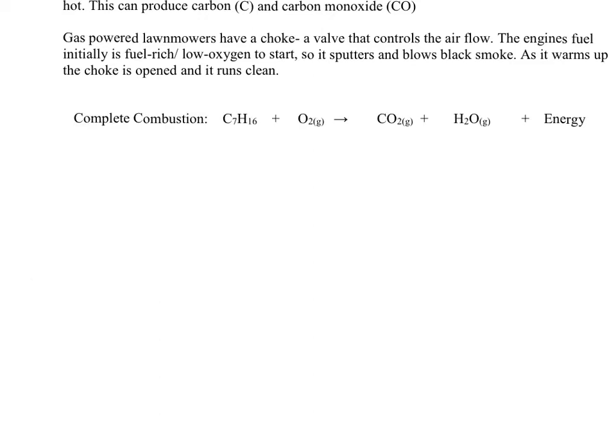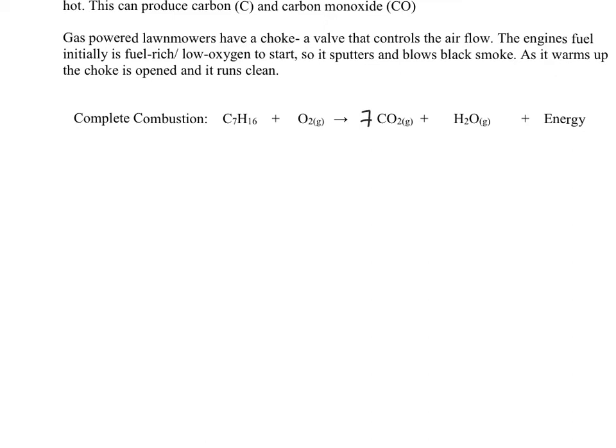So here's an example of a hydrocarbon that is undergoing combustion. So let's balance this. So we're assuming it's complete combustion, so we form carbon dioxide and water vapor. And we need to balance. So there's 7 carbons on the left, and there's only 1 on the right, so we need to put a 7 in front of CO2.